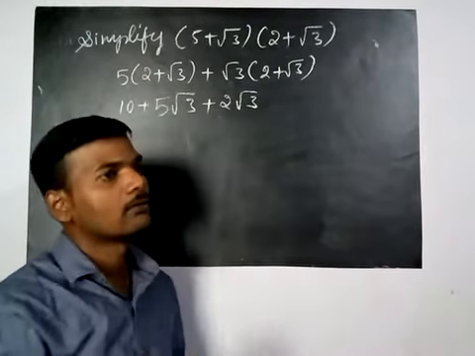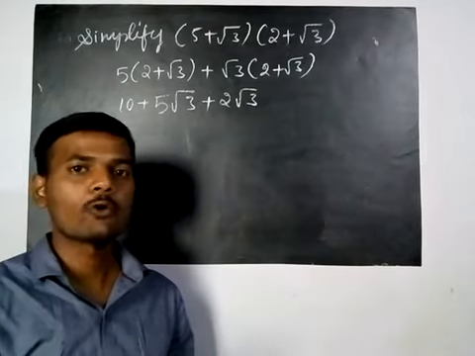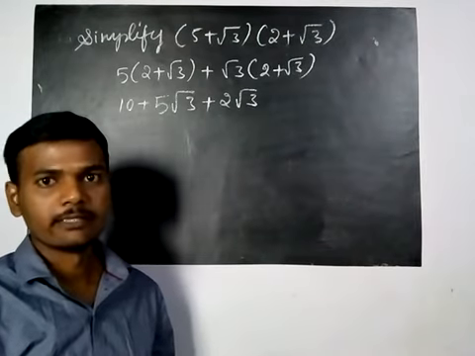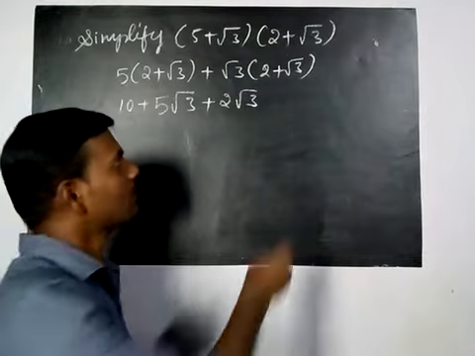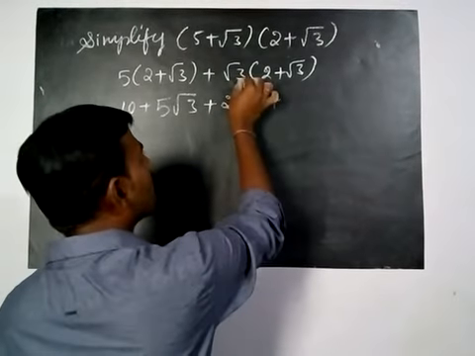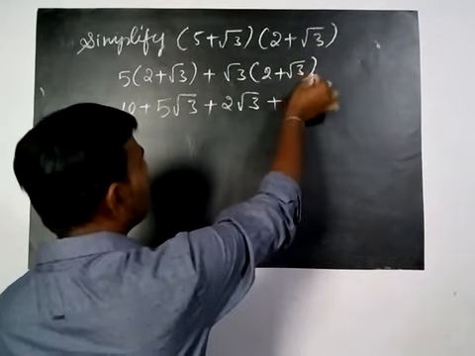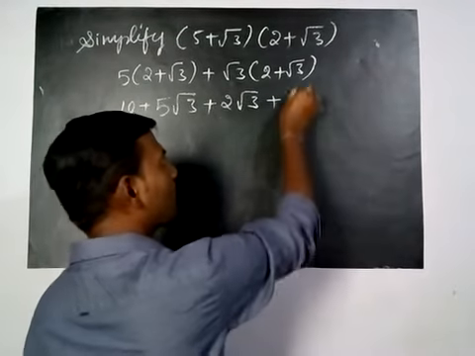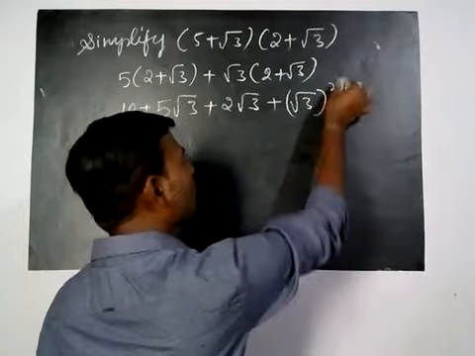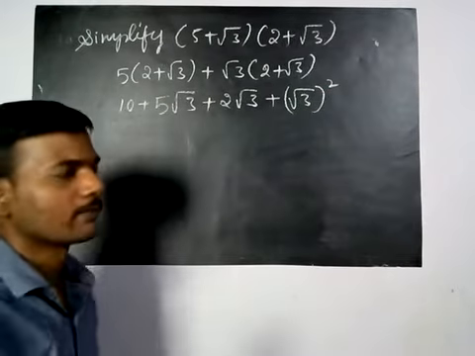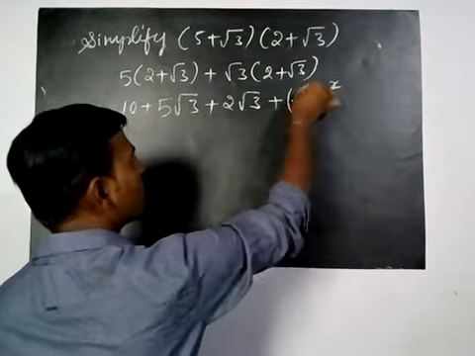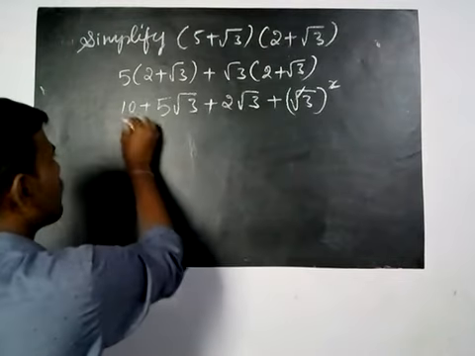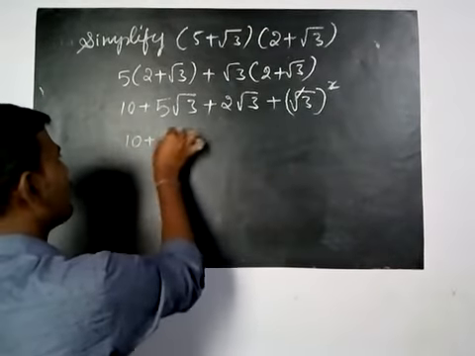While writing these like numbers, you have to write whole numbers first and then irrational numbers. Okay, plus here root 3 into root 3. What is it? Root 3 into root 3 is root 3 whole square, or you may write directly as 3, the square root cancels. 10 plus 5 root 3.